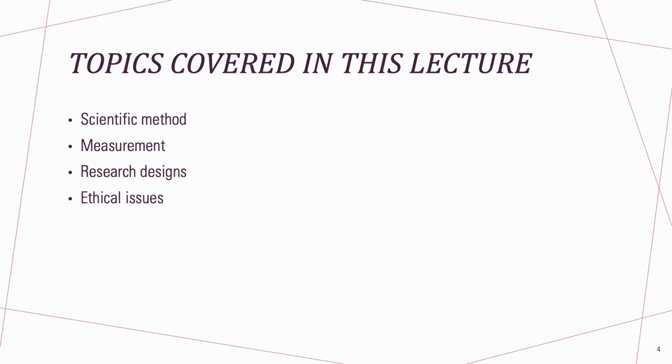So we'll talk about the scientific method, considerations we need to make when we're selecting measures for our research studies. We'll talk about research design, so the different types of designs there are, and the lengths of the different research designs that we'll cover. And then we'll also touch on ethical issues in research.